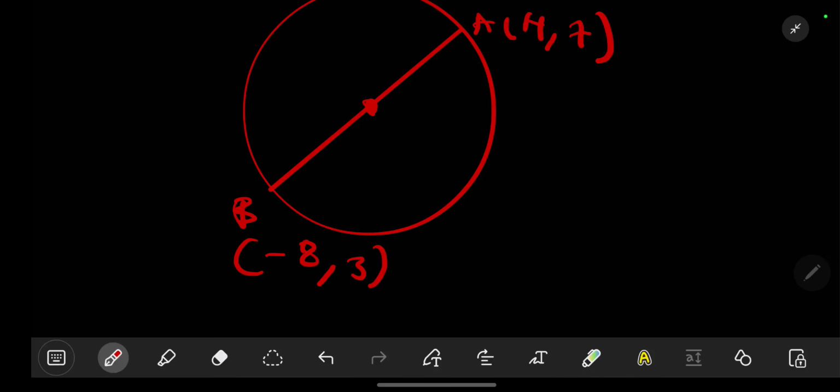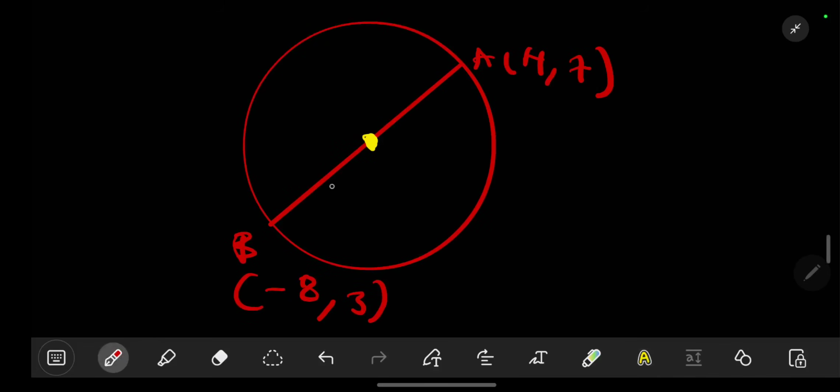If we have a straight line, how can we know the center? The center can be found by finding the midpoint of a straight line, since this diameter is a straight line. So let's find the center and the radius, and we can begin in that direction.